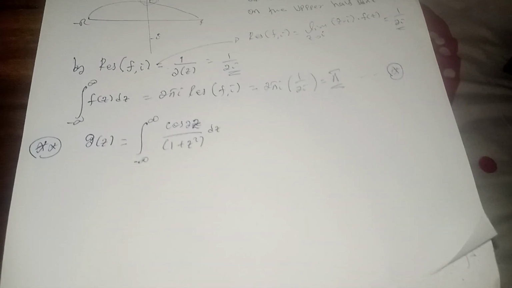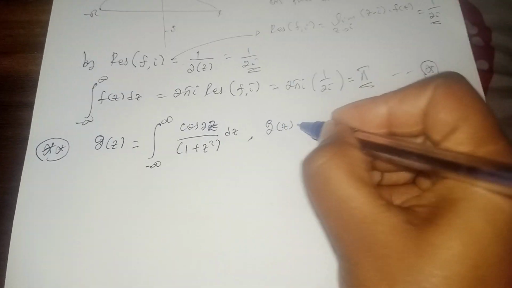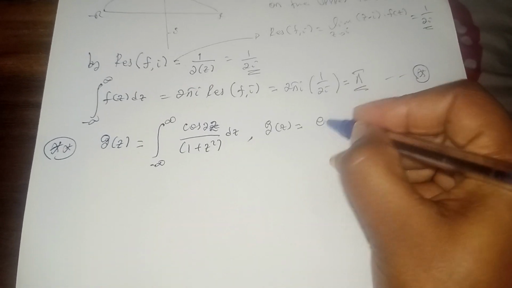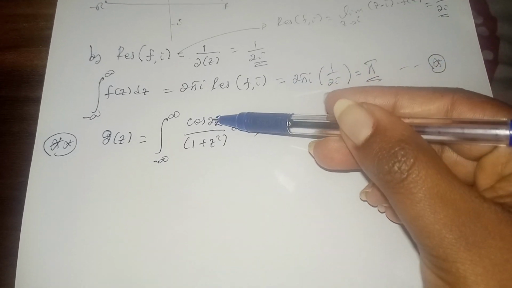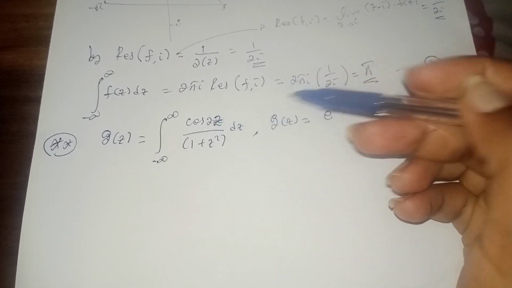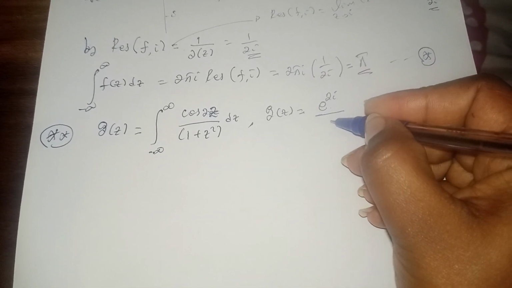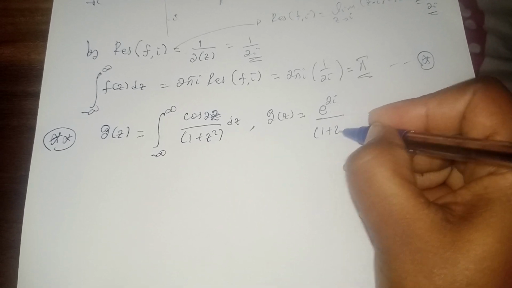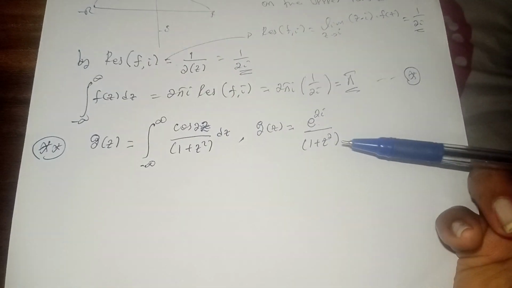If we have a cosine function inside the integral, we can apply this technique. Our g function can be replaced by e raised to 2iz over 1 plus z squared, because the coefficient of z is 2. Finally, we can separate the real part and the imaginary part of the function.